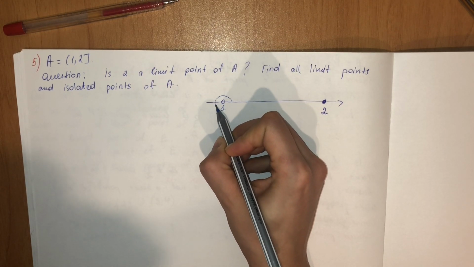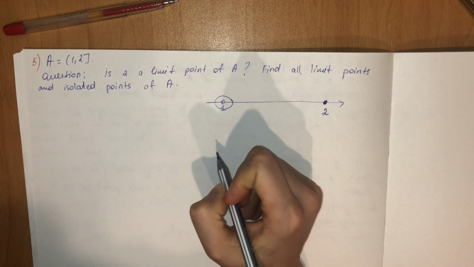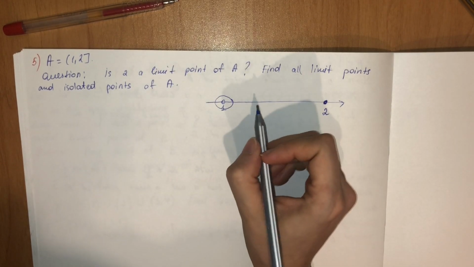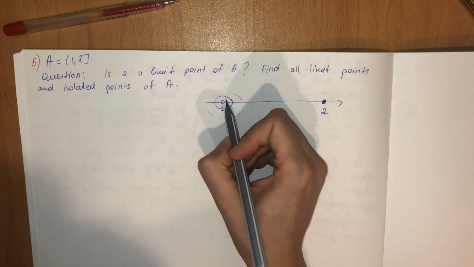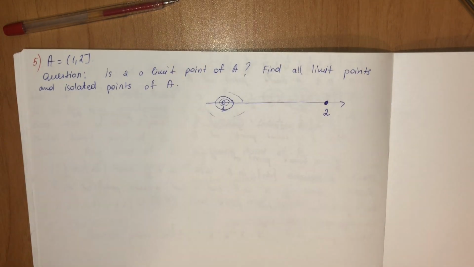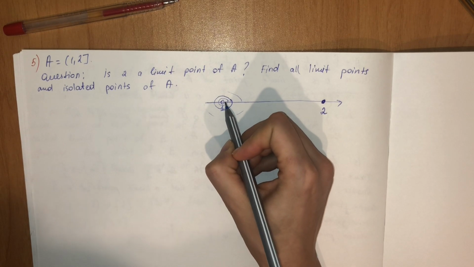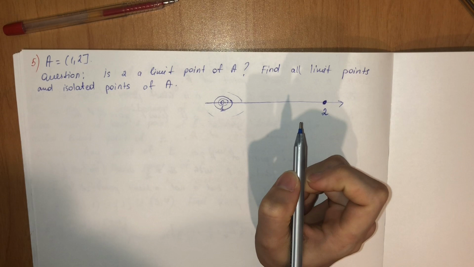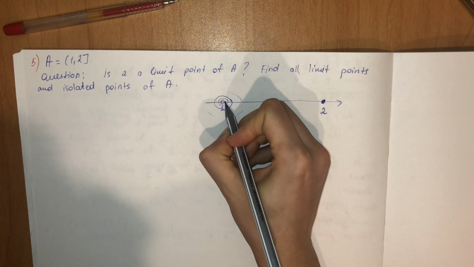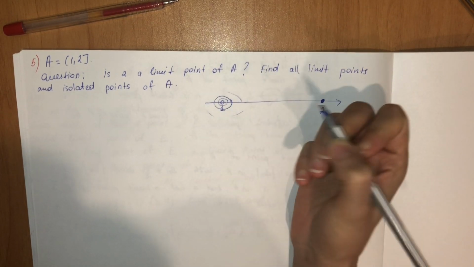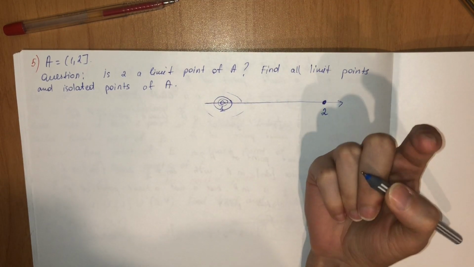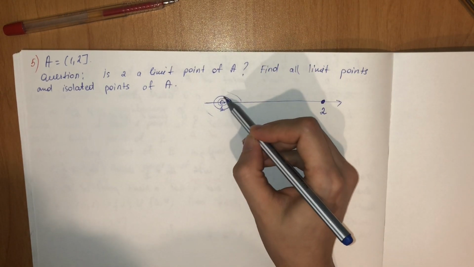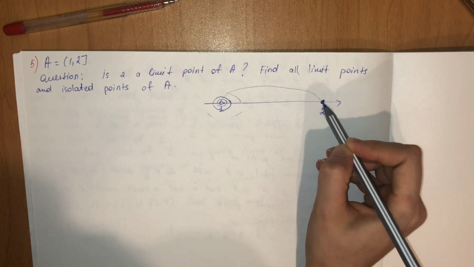Let's draw a circle around 1, any circle. Okay, it can be like that, or it can be just like that. Every neighborhood of 1 contains a point in A. Here the right hand side of 1 contains at least 1 point from A. Yes, this is our set.